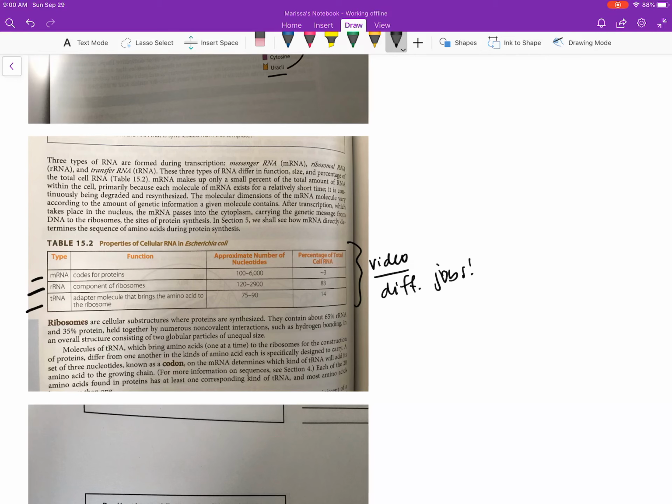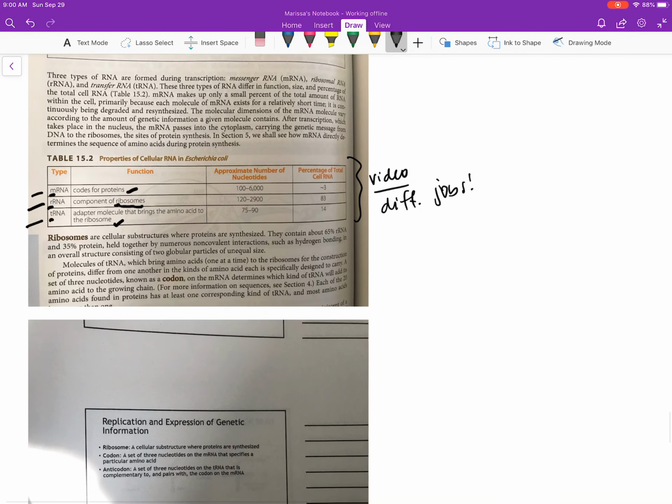The mRNA is what's coding for the proteins. The rRNA is ribosomal RNA, which is a component of ribosomes, and the t stands for transfer RNA, which is the adapter molecule that brings the amino acid to the ribosome. We're going to see that.